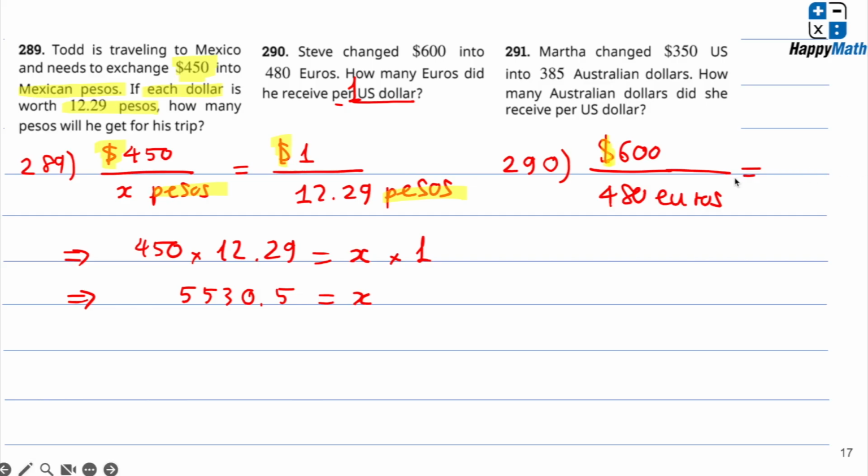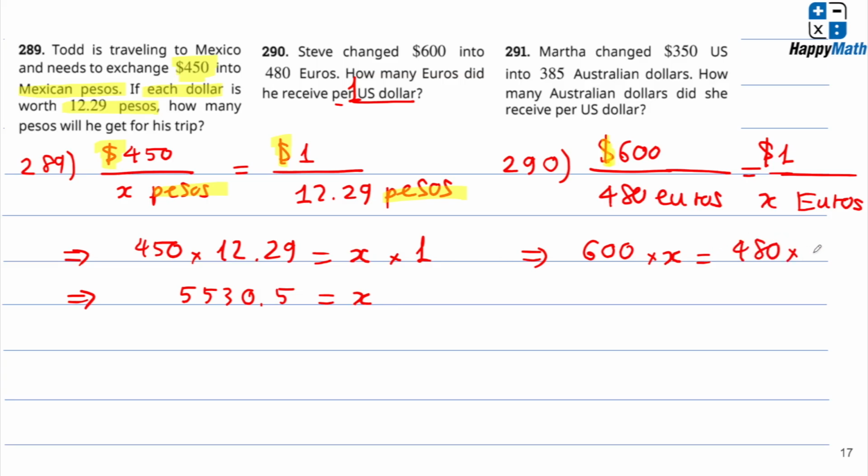And about h dollar here means $1 compared to the euro, h here. Okay, now dollar and dollar, euro and euro. 600 multiply h will be 480 multiply 1.